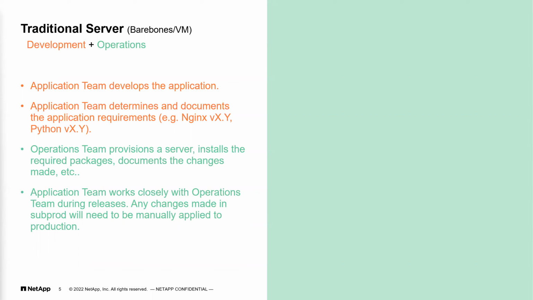They'll then schedule something like a monthly release where they'll work closely with the operations team to deploy their code, update the server, and install or update any required packages. Sometimes the operations team may have some level of automation, such as Ansible, Puppet, or Chef, to make those changes and configurations across the VM environments.